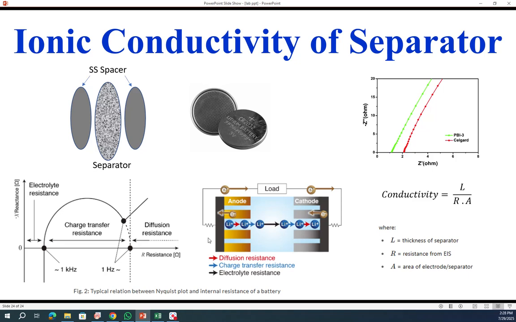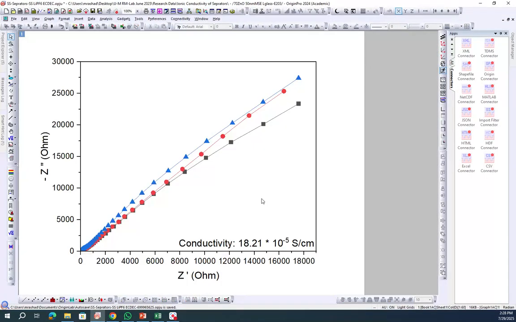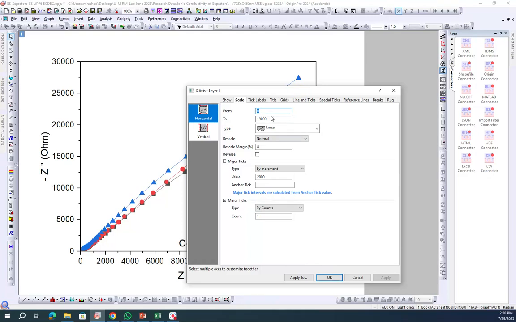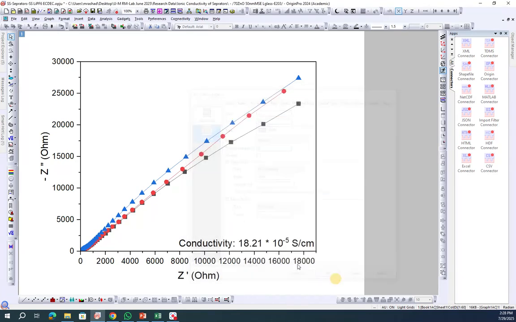So let's look at some practical data. Here is a practical graph, Nyquist plots of the separator. If we zoom this, I will zoom this maybe 200 times to show you the electrolyte or separator resistance.